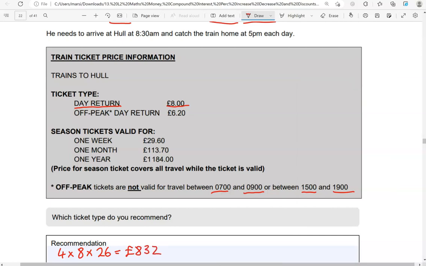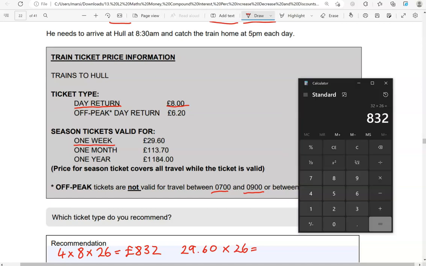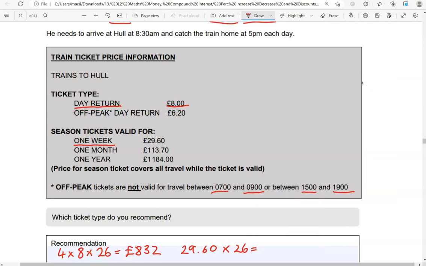If purchasing the weekly one, that is £29.60, and we're talking about 26 weeks, so multiplying 29.6 by 26 gives us £769.60.